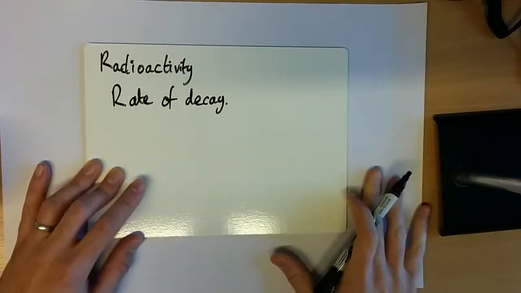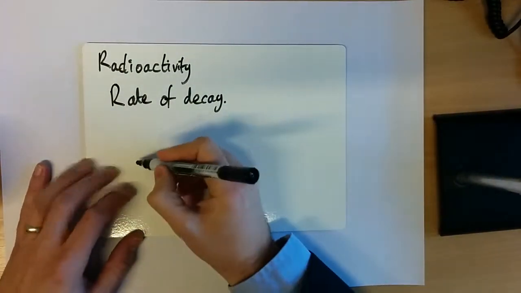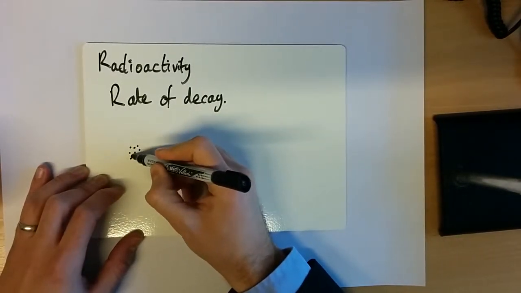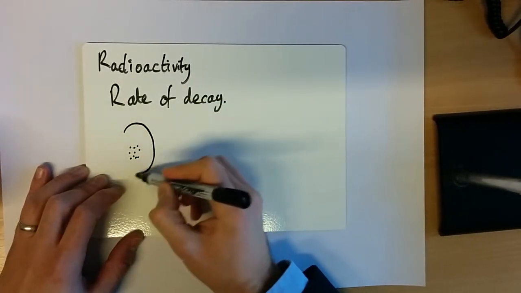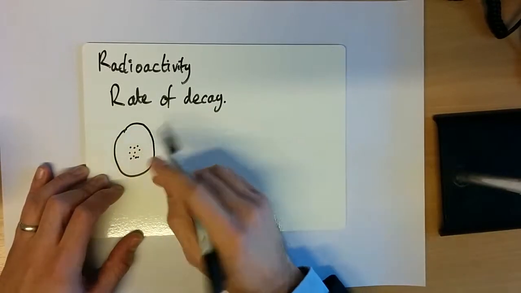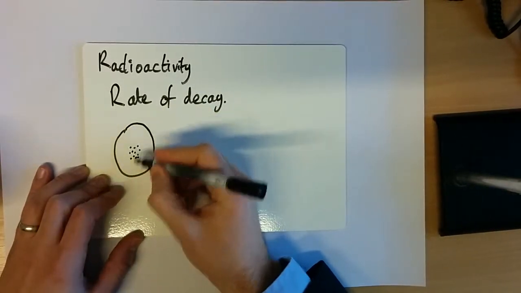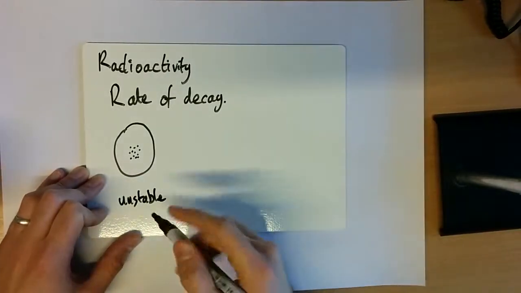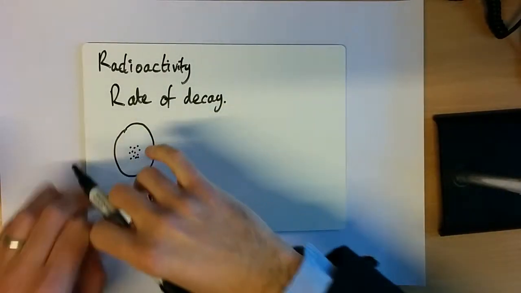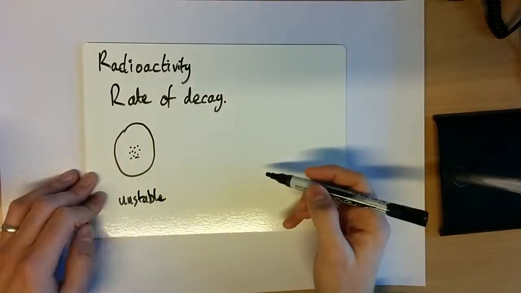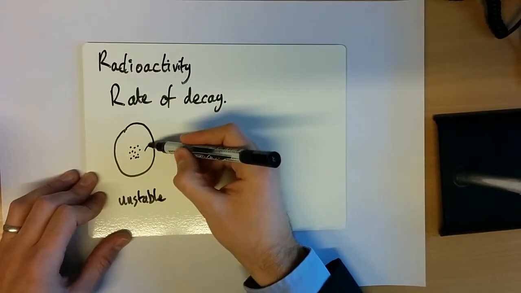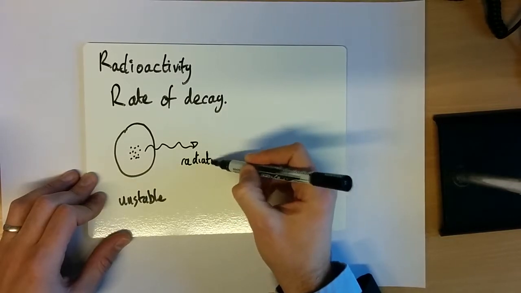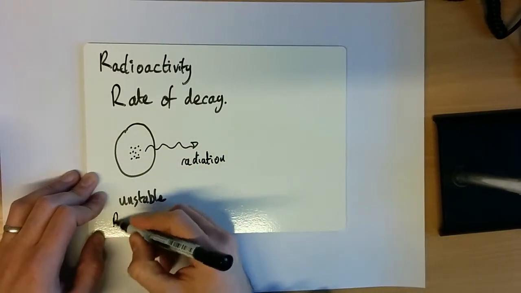We have already said that in radioactive decay you have a nucleus of an atom, and that this atom is unstable and it will break down, and when it breaks down it gives out some radiation which makes it radioactive.